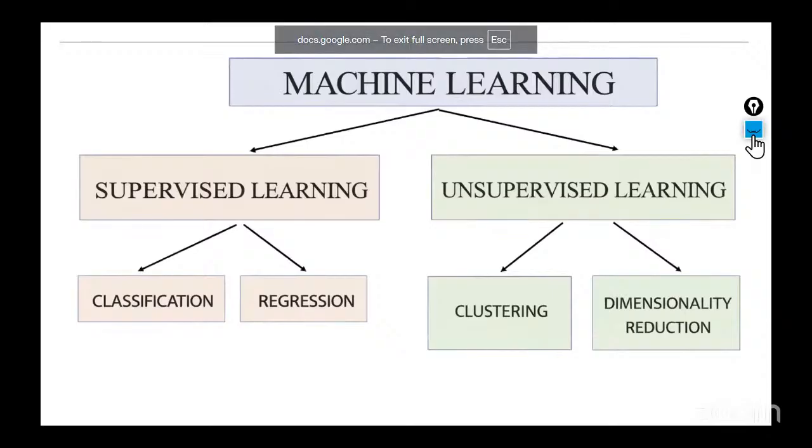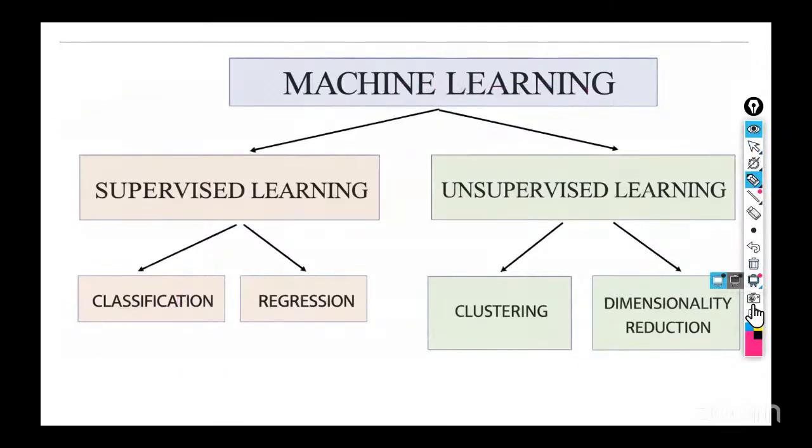Okay, so let's discuss supervised as well as unsupervised. Your supervised learning can solve two types of problems, or you can also say there are two types of supervised learning. First type of problem, it solves a classification problem.